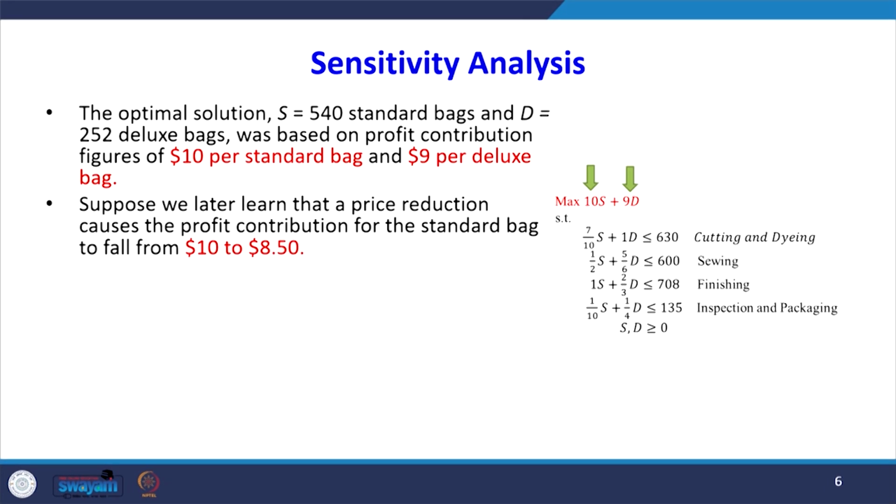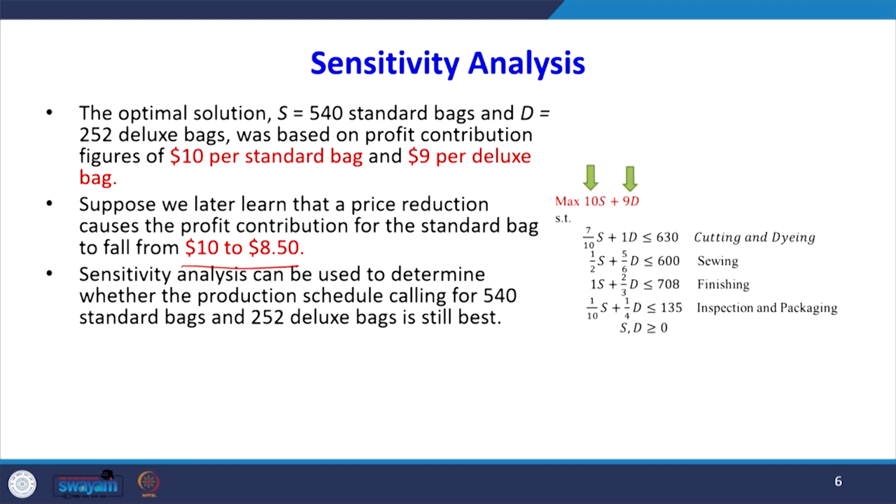Suppose we later learn that a price reduction causes the profit contribution of the standard bag to fall from $10 to say $8.5. Sensitivity analysis can be used to determine whether the production schedule calling for 540 standard bags and 252 deluxe bags is still best.